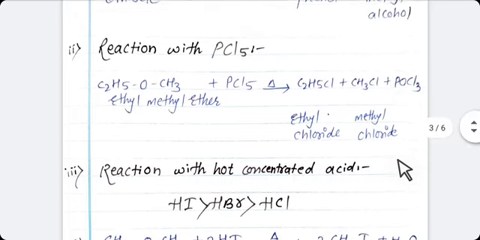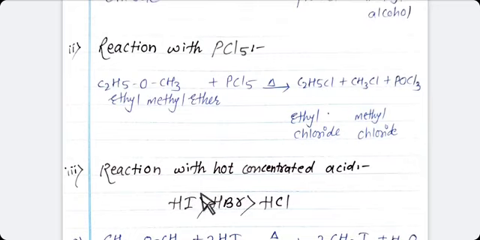The next reaction is ether reacting with hot concentrated acid, or ether reacting with halo acid. The reactivity is HI reacts easily, then HBr and then HCl. In this reaction, whenever ether reacts with HI or HBr, it gives alcohol and alkyl halide.